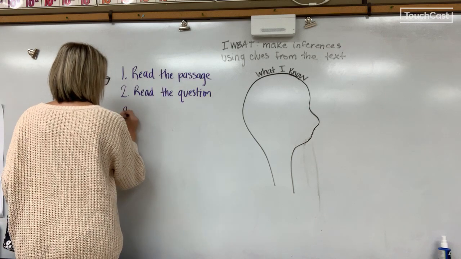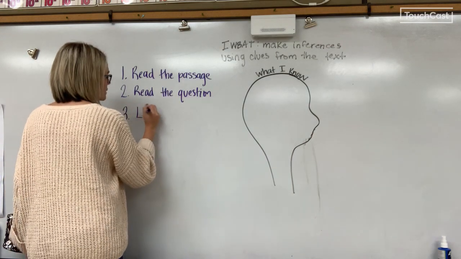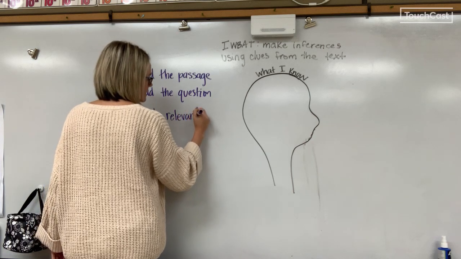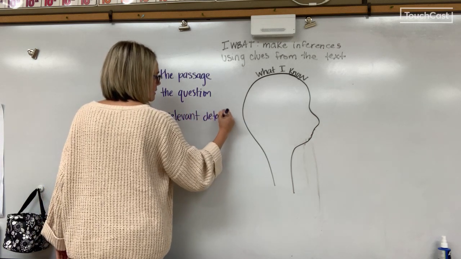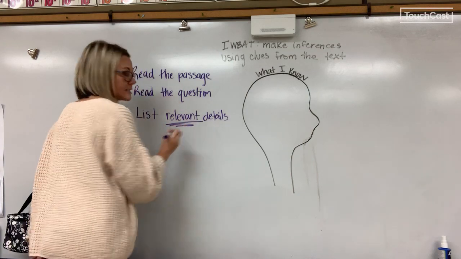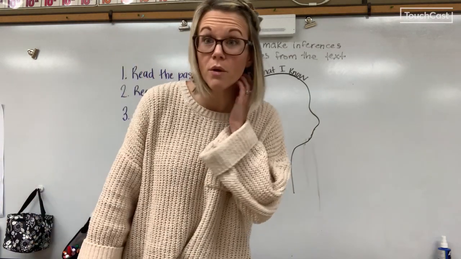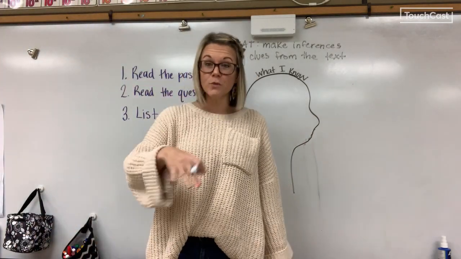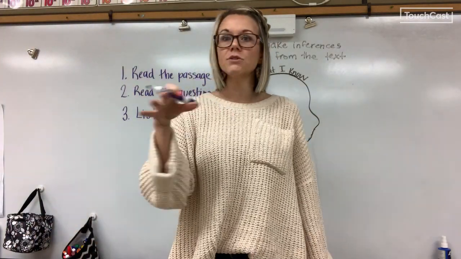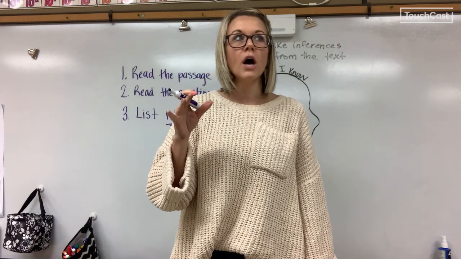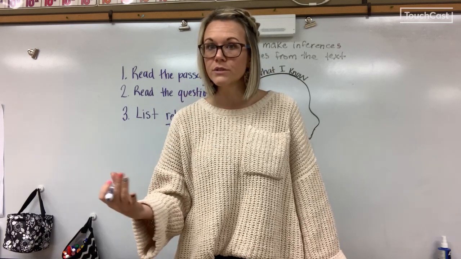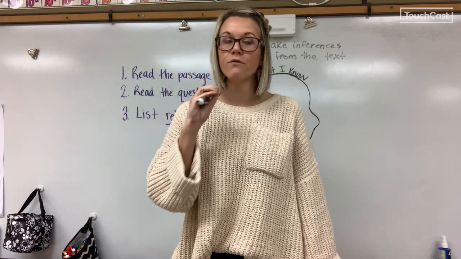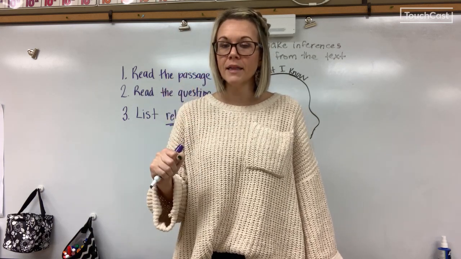Step 3 is we are going to list relevant details. Relevant is the key word. Do you know what relevant means? Relevant means they relate to it. So if someone is asking you a question to make an inference on how a character feels, you could list things like their facial expression, their voice tone, their body language.